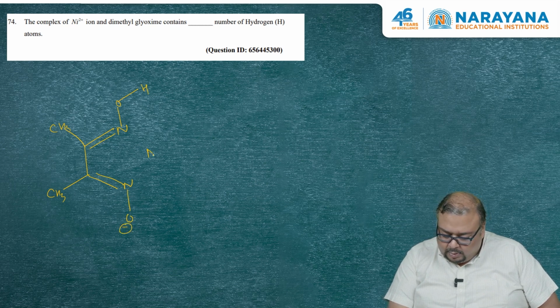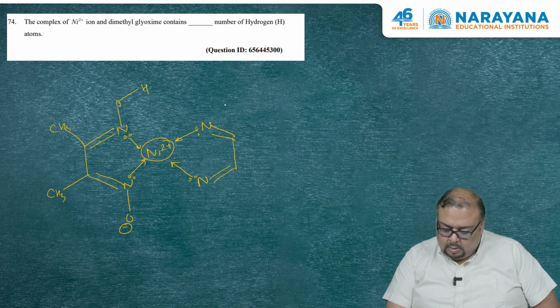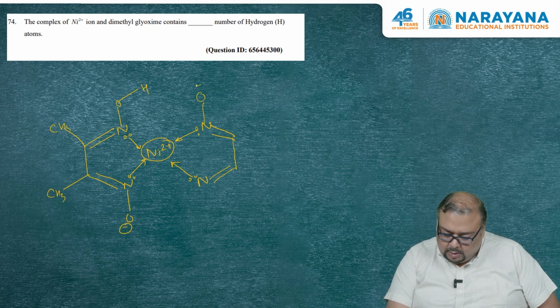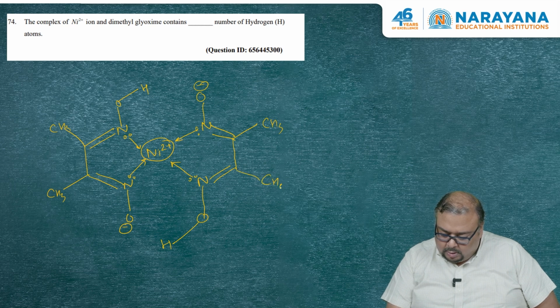Okay, now here you have got Ni2 plus, so this will form the two coordinate bonds. And similarly, I can write nitrogen here and here, and these two can also form coordinate bonds. These two nitrogens will be coordinated. Okay, and here we will write O minus, and here we will be writing O and H, and then CH3 and CH3.